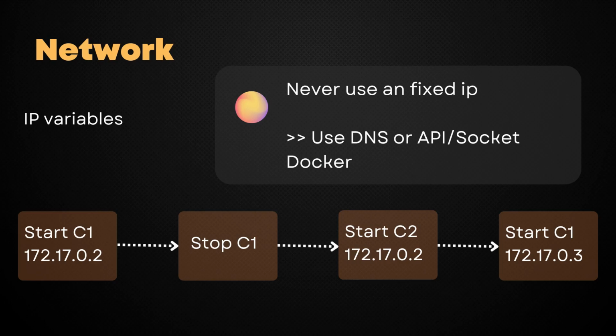For example, in some use cases, if you are in the same bridge in your Docker engine, you can use the DNS with the container name, or if you use some tools like Traefik, a well-known reverse proxy, you can set Traefik to use the Docker API to dynamically set the IP for each container.